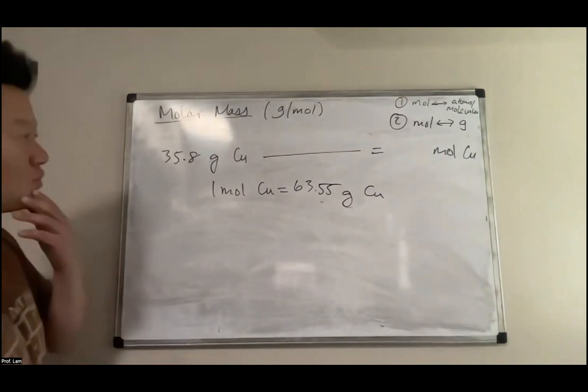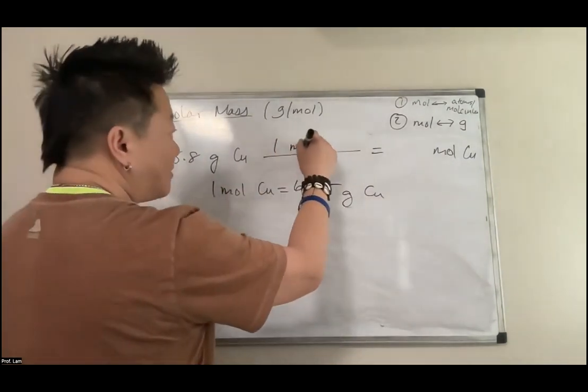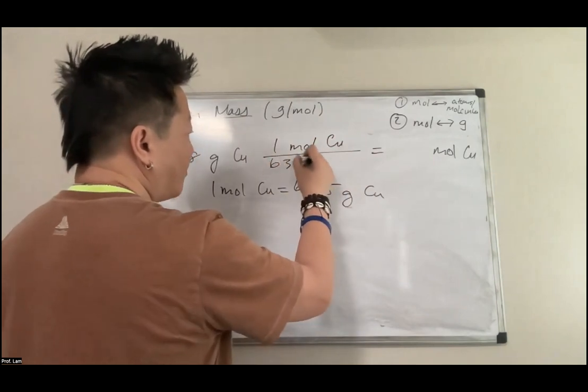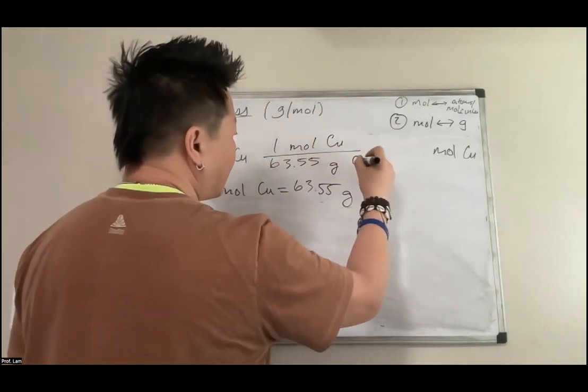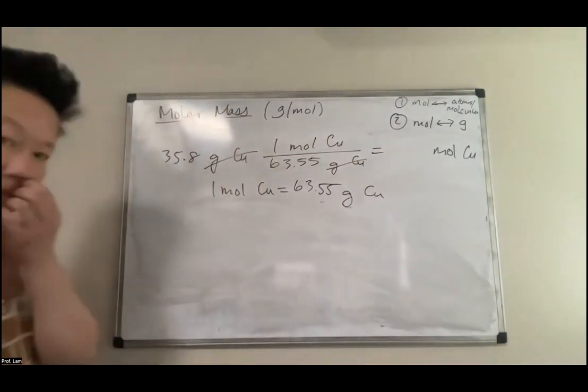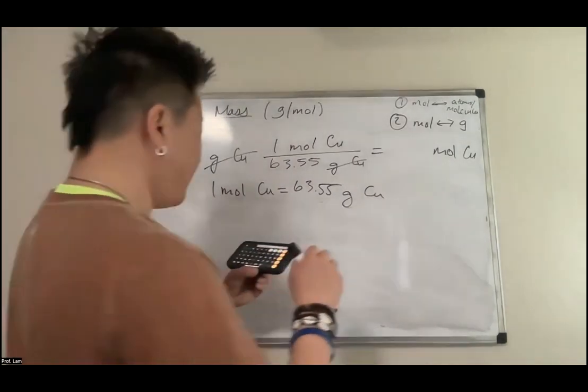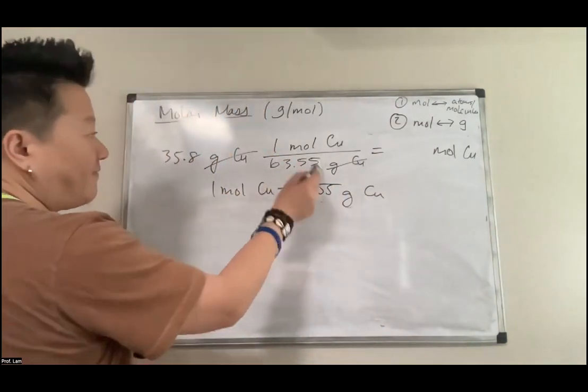So we need to put moles on top: 1 mole of copper over 63.55 grams of copper. So 35.8 divided by 63.55. How many sig figs should we have? That's 4 sig figs.